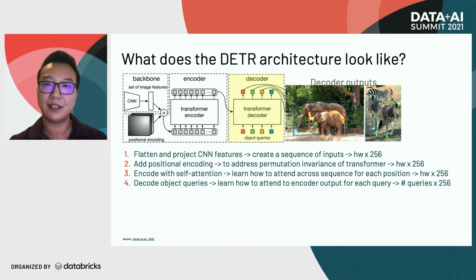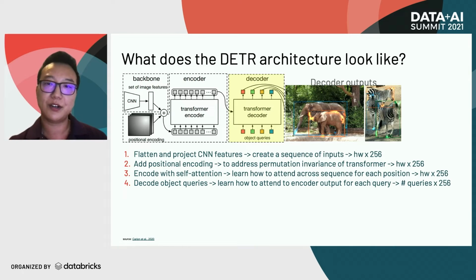So if we look at the decoder output for each of the bounding boxes, which you can think of as a single object query, we're learning to focus on certain regions of the image. If you see the highlighted parts of the elephant, those are the outputs from the encoder that the attention weights have decided are important for the prediction of the elephant, right?